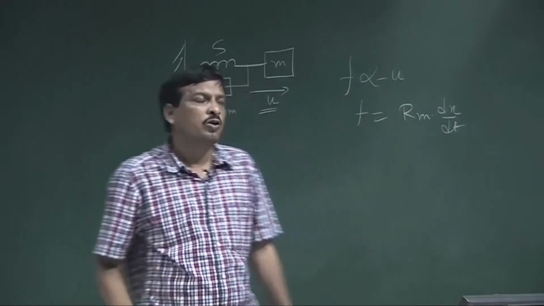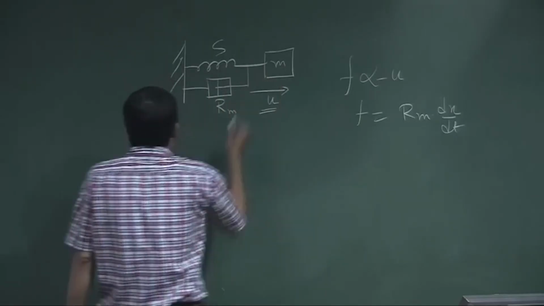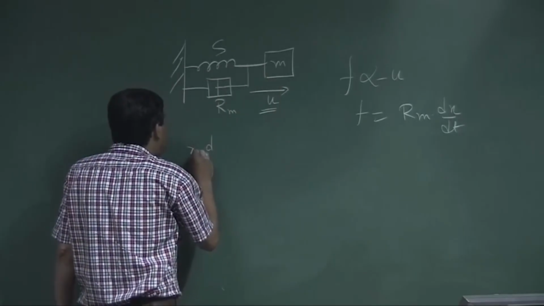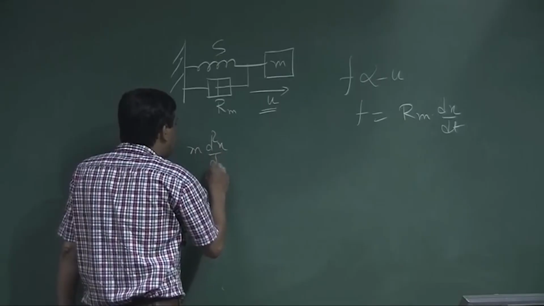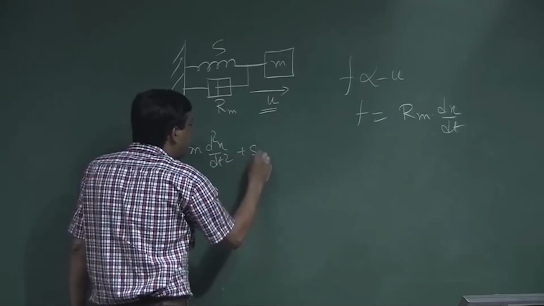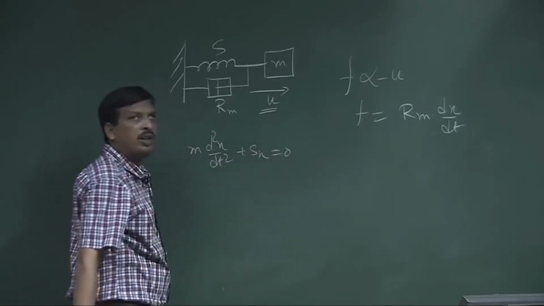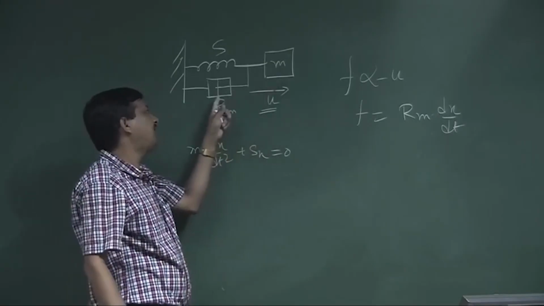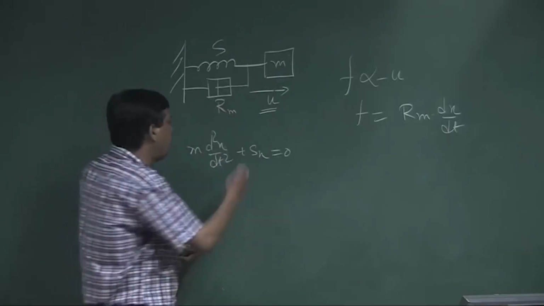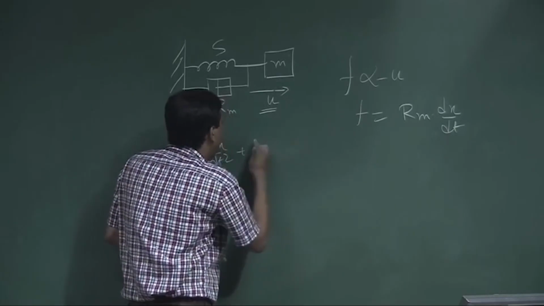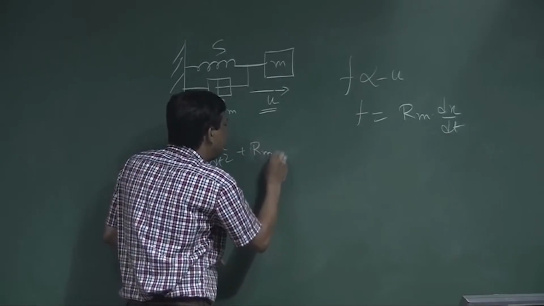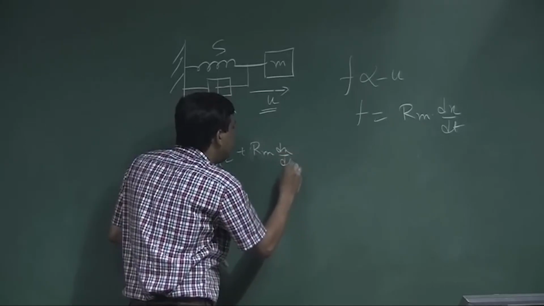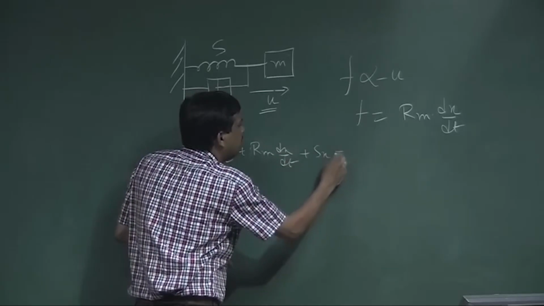So, now earlier, for simple harmonic motion, it is m into d2x by dt square plus Sx is equal to 0. Now, I said there is a friction force acting on it and it creates a mechanical damping. So, I put in another term, which is Rm dx by dt, plus Sx is equal to 0.